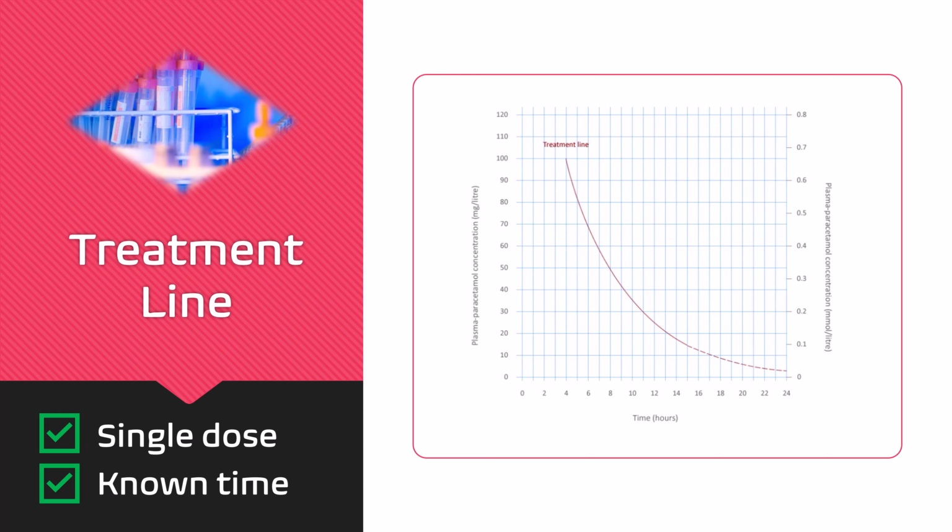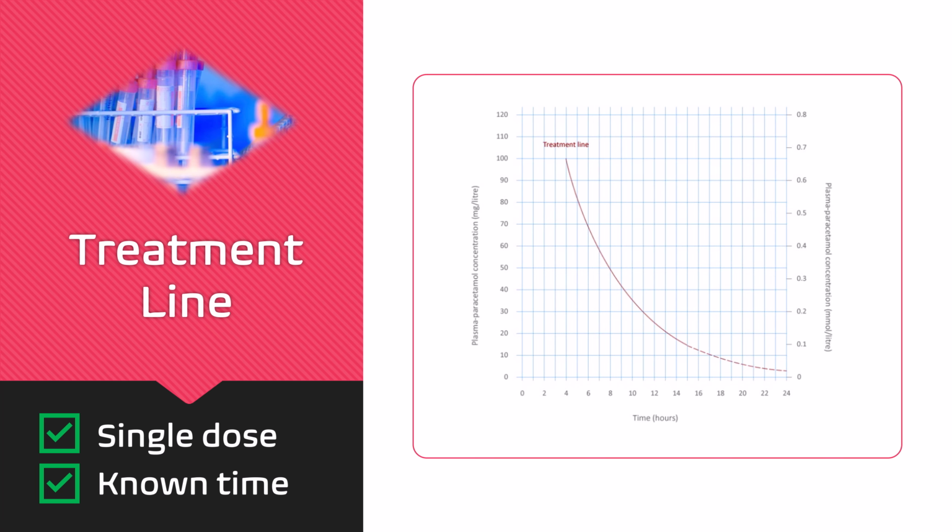As we've discussed, there are different types of paracetamol overdose. When it comes to the treatment nomogram, the Rumack-Matthew nomogram, it is important to understand its purpose and when and where it can be used. Here, the x-axis represents hours since ingestion, whilst the y-axis represents paracetamol level and concentration in the blood.